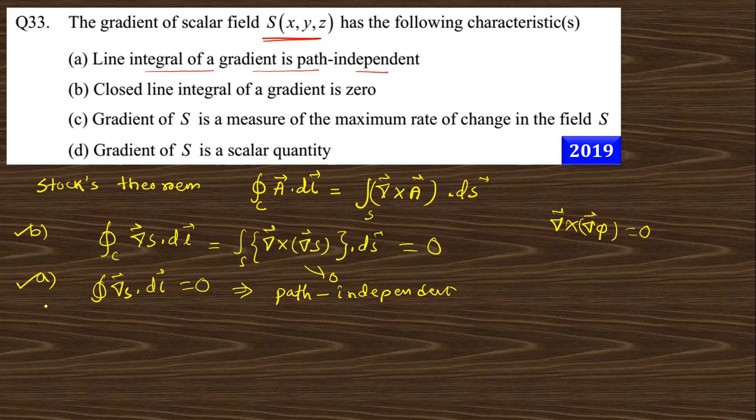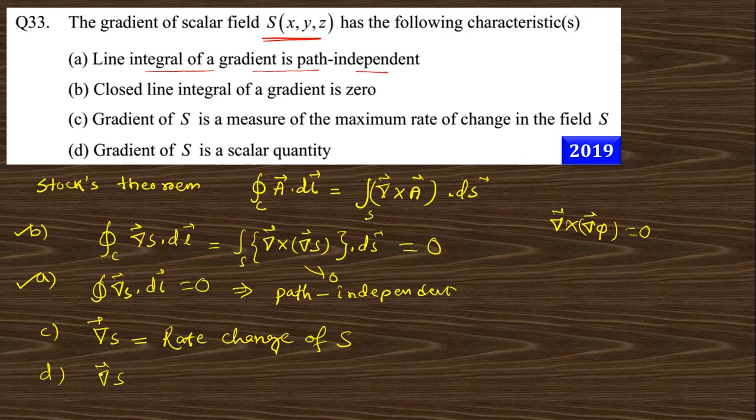Option number C: the gradient of S is a measure of the maximum rate of change in the field S. You know, grad S is nothing but the rate of change of S. And D: the gradient of S is a scalar quantity.